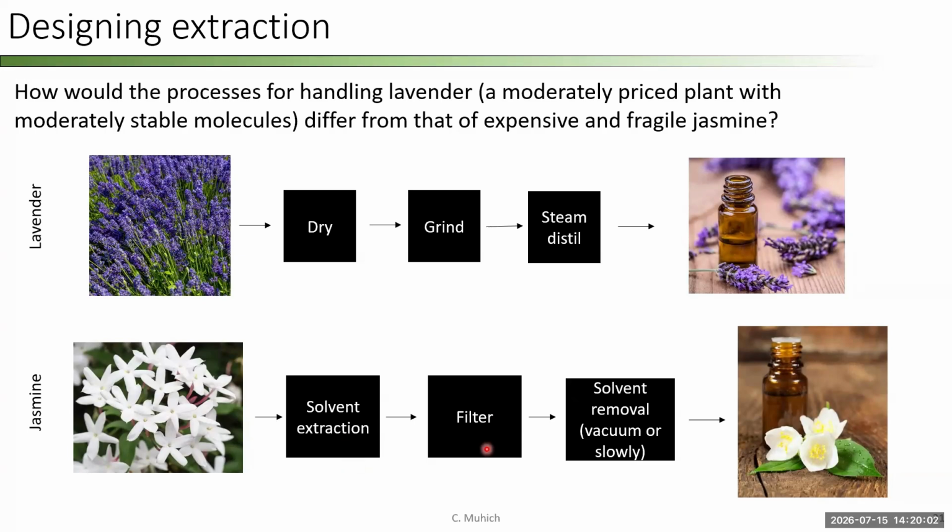We then filter them to remove anything that we don't want, and then have some sort of solvent removal process, either using a vacuum removal or some other slow process that doesn't require heat, so we don't damage our molecules.